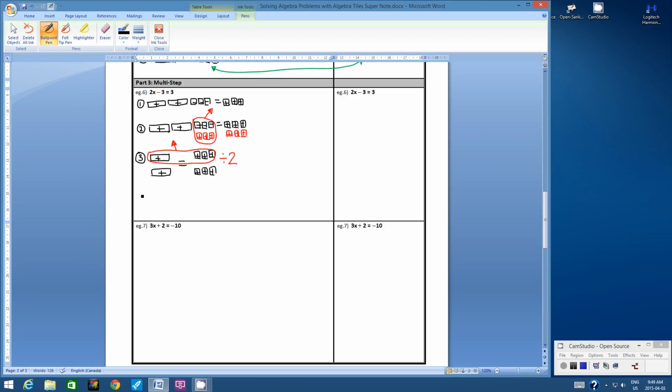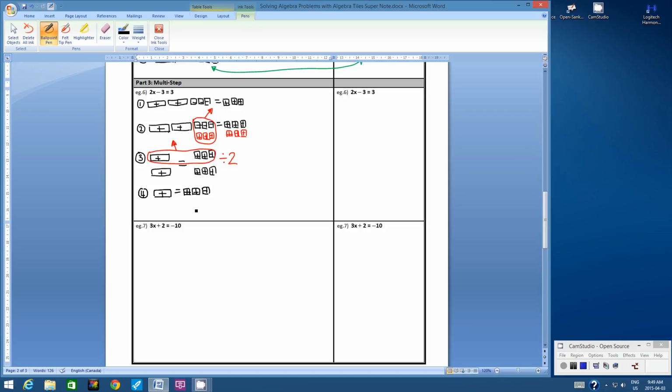Then our last diagram, step 4 this time, is we draw what remains. What remains is x equals positive 3.